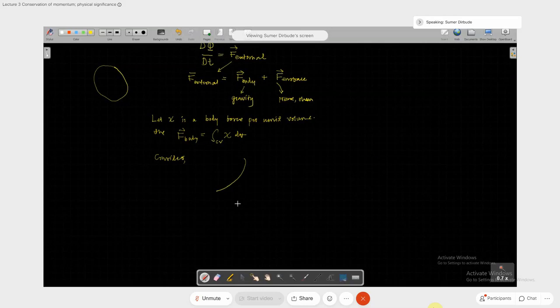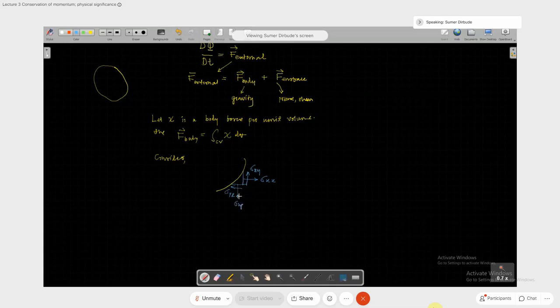Since this is a curved surface in 2D, we may have a normal force sigma xx, on this plane we may have sigma xy, and here we may have sigma yx and sigma yy.